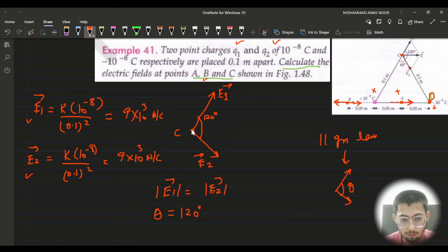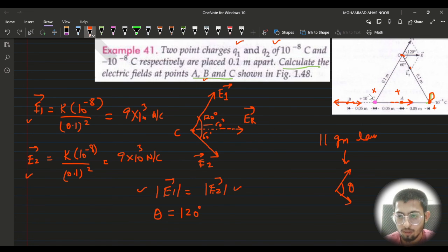The resultant would be midway because they are equal in magnitude, right? So it should be in this direction. Let's call this ER, the resultant, and it would be 60 degrees on this side and 60 degrees on this side.